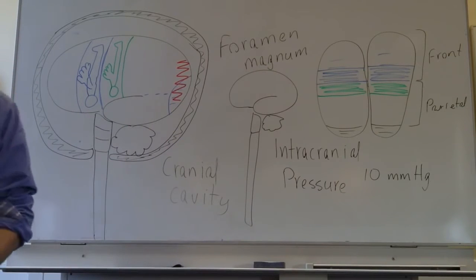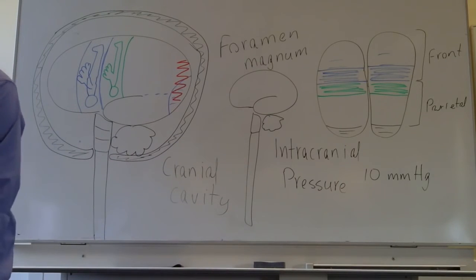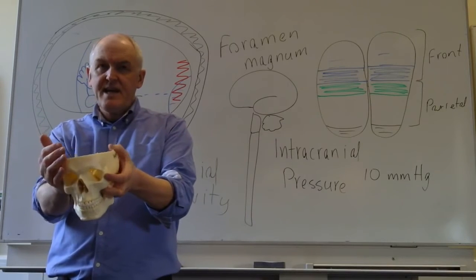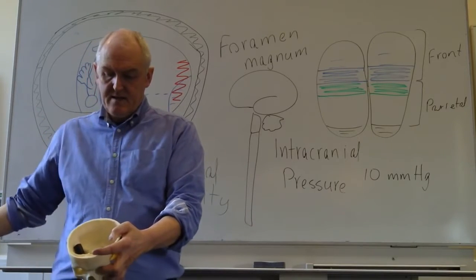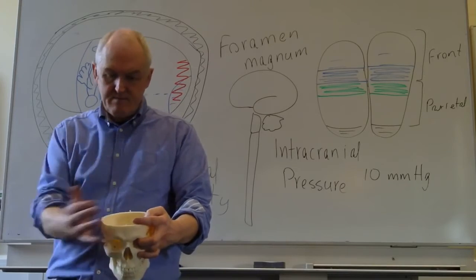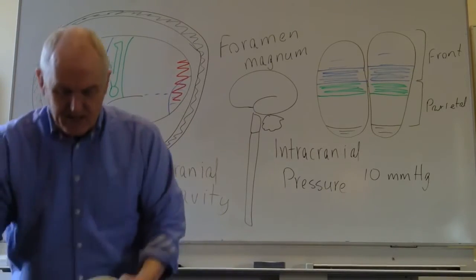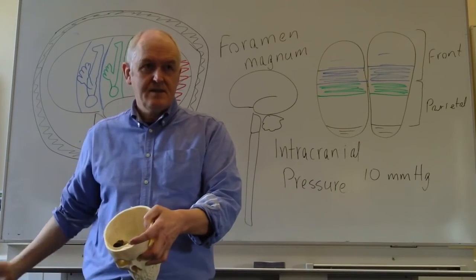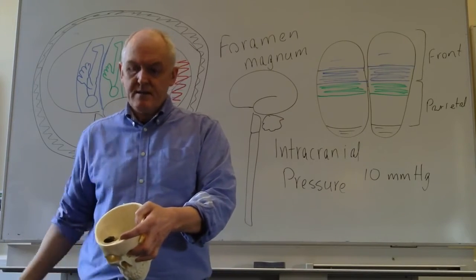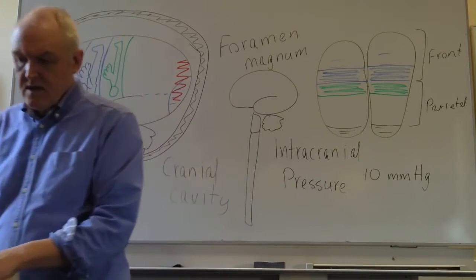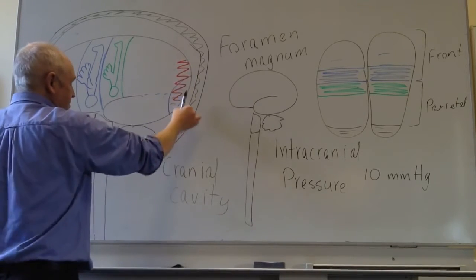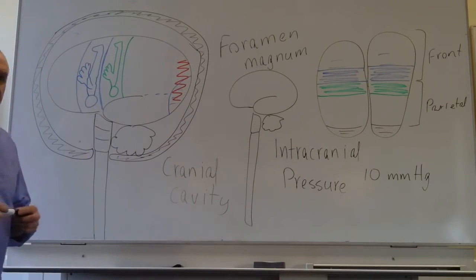Because what can happen is, imagine, no, your brain's bigger than that, but if you get hit on the side of the head, like this, whack, can you see that the side of the skull is going to bash onto the inside of the brain, isn't it? Does that make sense? Now, if you get a little hit, it won't. If you get a big hit, it will. So if you get a head injury, you can end up with an inflamed area of the brain. And that can lead to swelling.